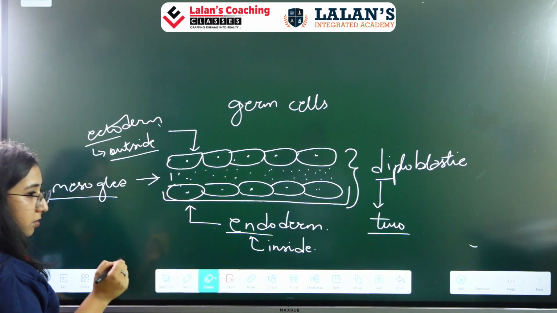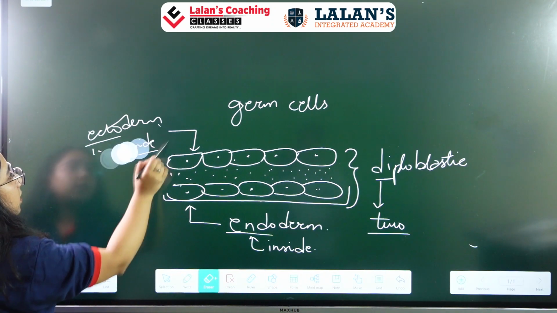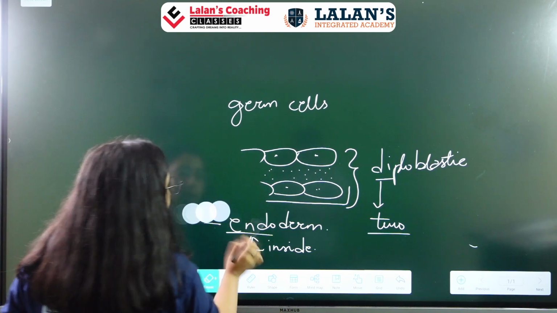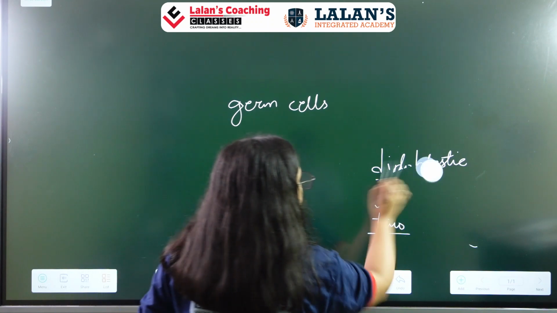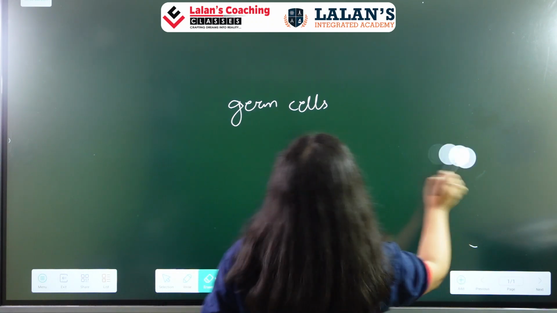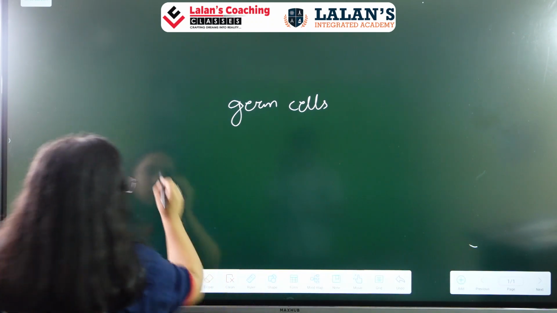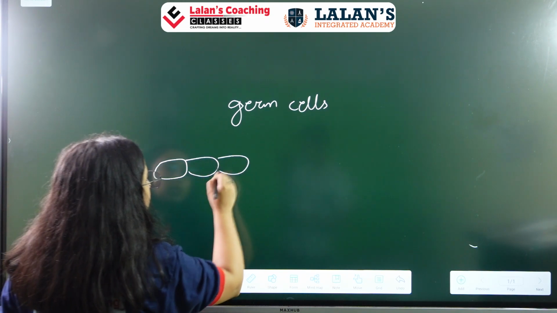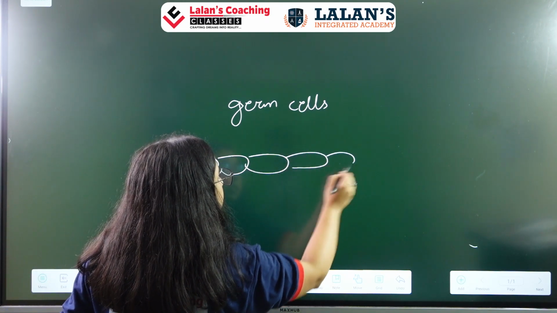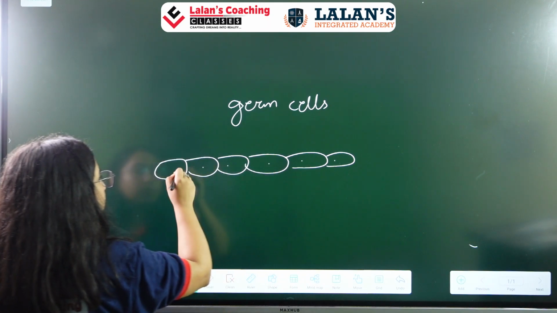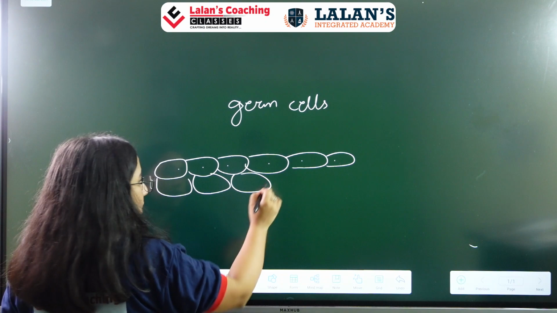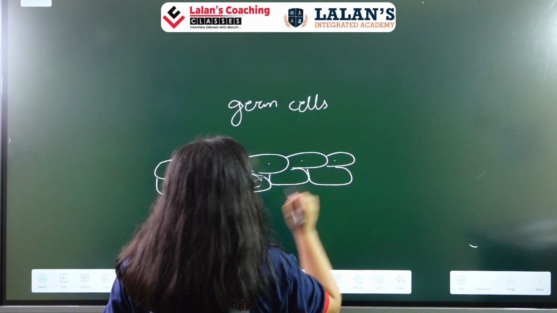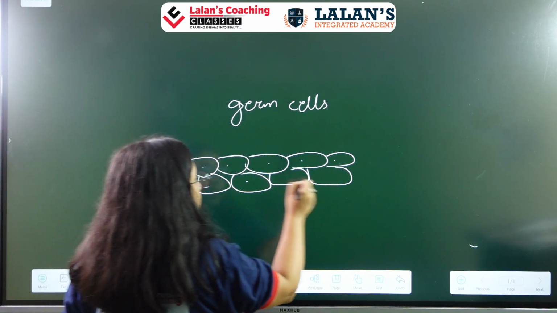In some organisms what happens? The entire organism is made out of 3 germ layers. The first, the outermost, will still be your ectoderm. The middle layer, since it now has cells, will be named the mesoderm.